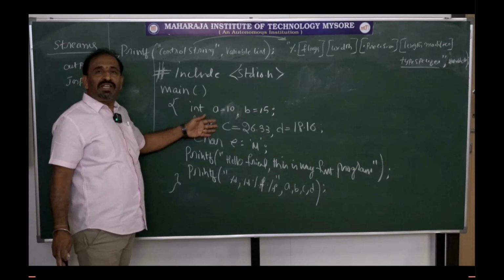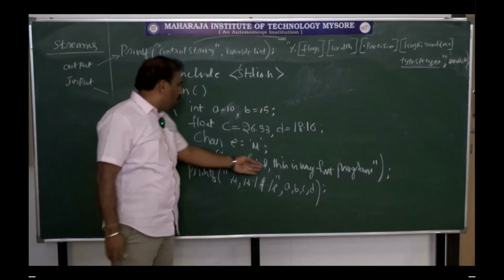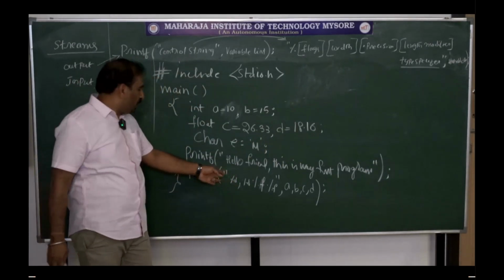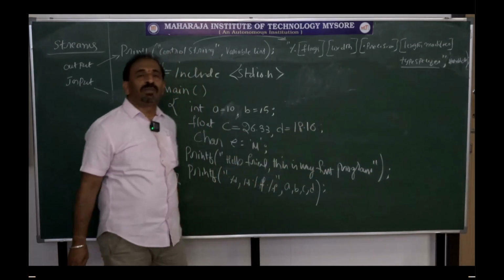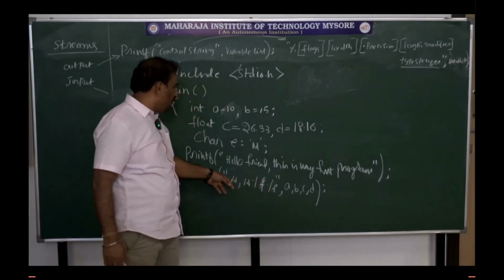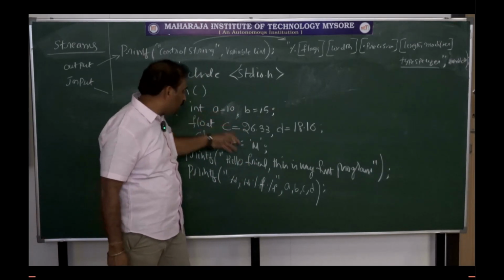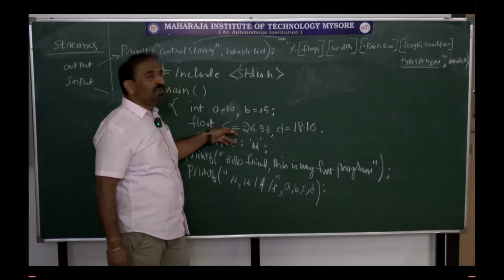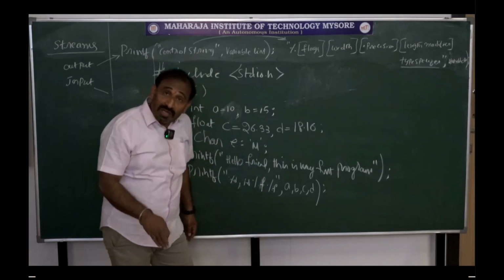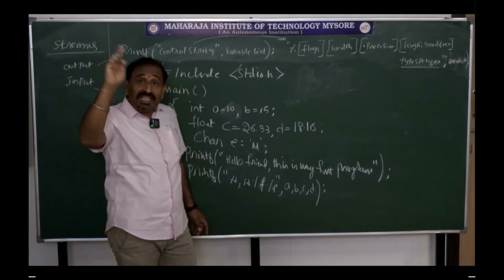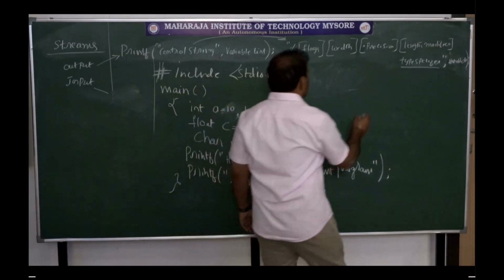It declares 5 variables A, B, C, D, E. Some message will be displayed first, then printf %d, %d, %f, %f, A, B, C, D. It prints A as an integer, B as an integer, C as a float, D as a float. What you have inputted gets printed.